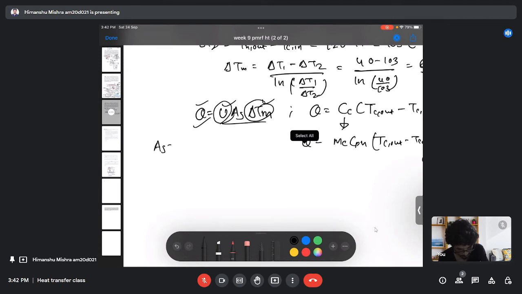So my area would be pi D L, and we need to find the length. We are already given the diameter.